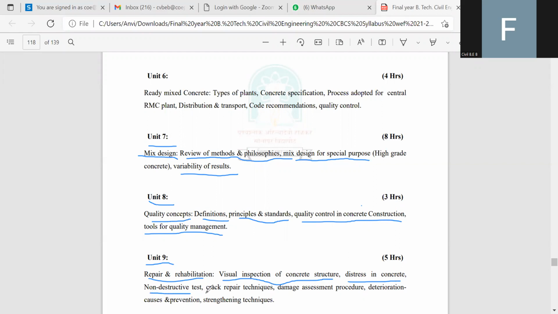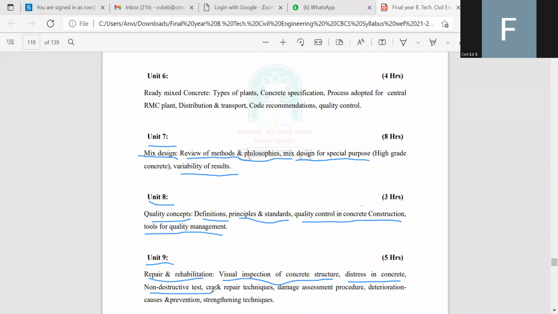Then the non-destructive tests. What non-destructive tests do we have to perform on the concrete? There are some equipment and tests. There is the rebound hammer test, then the ultrasonic pulse velocity test. Then if we have to check the quality of steel, there is the half cell potential meter.